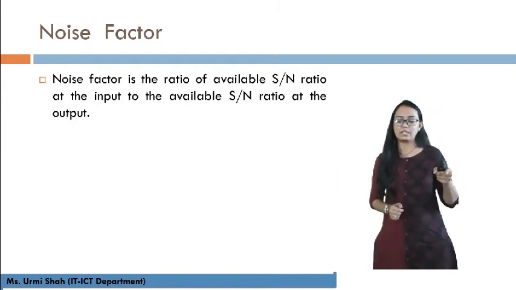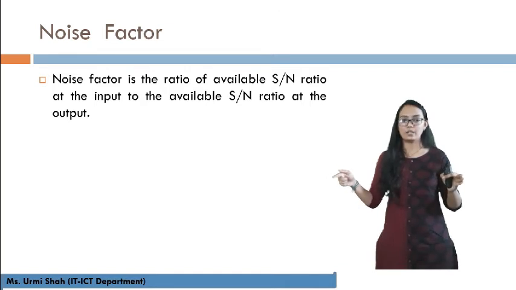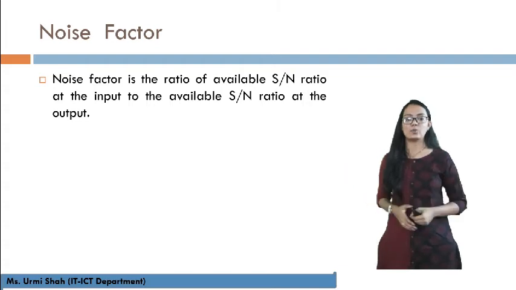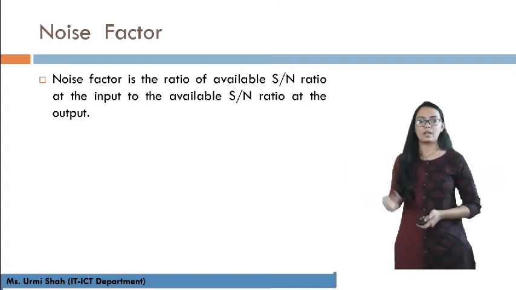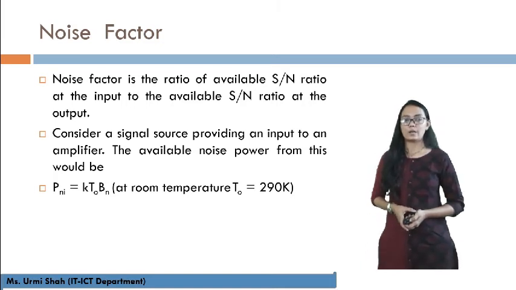If I am transmitting one signal from transmitter end to receiver end, then at the transmitter end, whatever SNR is available as input, the ratio of that input SNR upon the output SNR, that is your receiver end SNR, is known as noise factor. So noise factor is the ratio of input SNR upon output SNR.